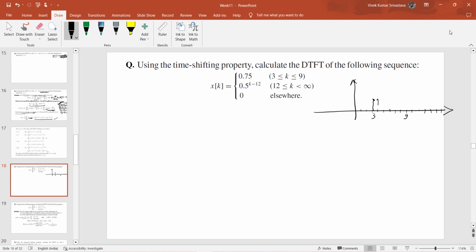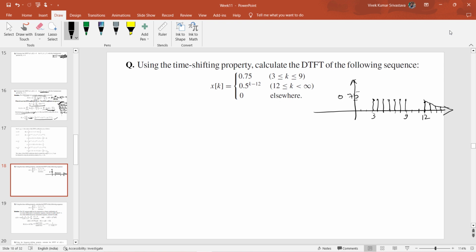This has a value of 0.75. Whereas from 12, this is basically a decaying exponential signal.